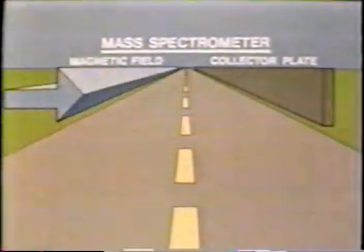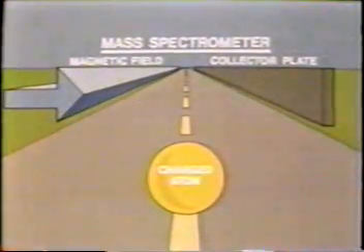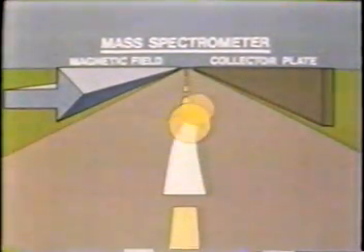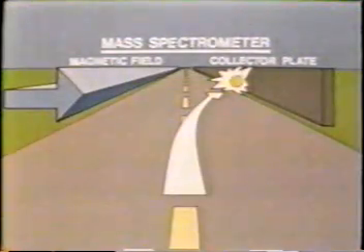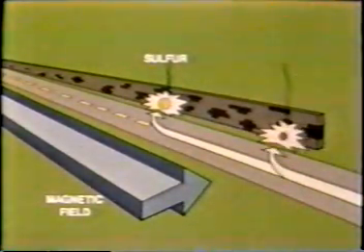There is an instrument called the mass spectrometer. It uses a magnetic field, which we can think of as a kind of magnetic wind that blows atoms off their track. The more massive the atoms, the further they travel before they hit the collector plate.